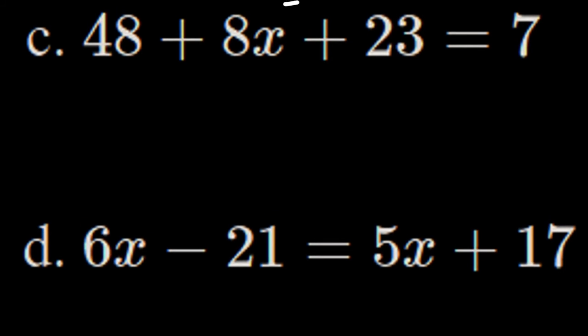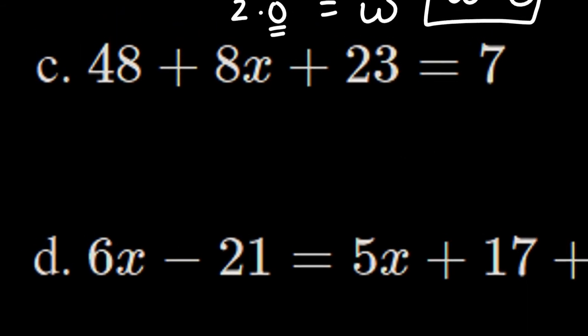We're not even close. Let's see, on this one, let's collect up some like terms. So I've got 48, and I want to add to that 23. If I add 48 and 23, I think it's 71. So I'm going to write down 71 plus 8x is 7.